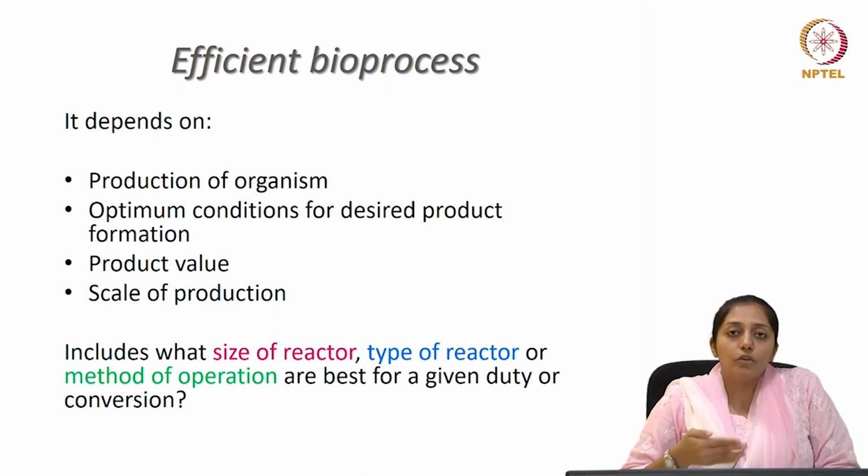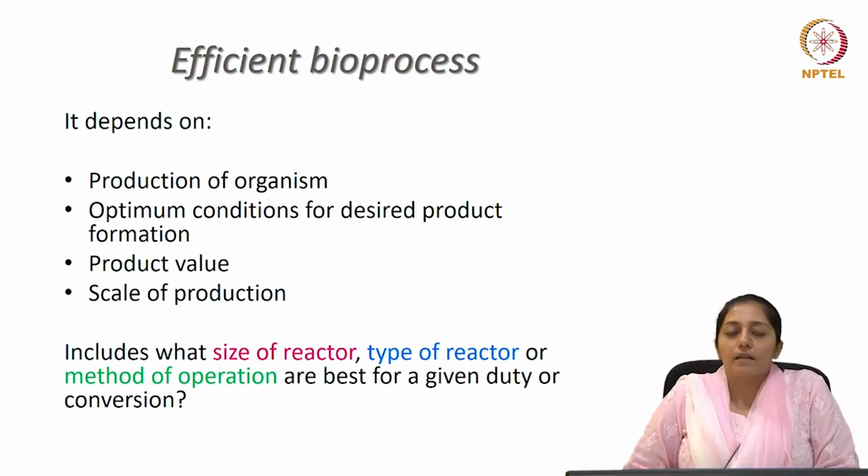Then the value of the product and the scale of operation, which means at what scale you should run the process to keep it cost effective and to meet the market demand. So these are some of the questions which are dealt with in bioreactor design and analysis as well.